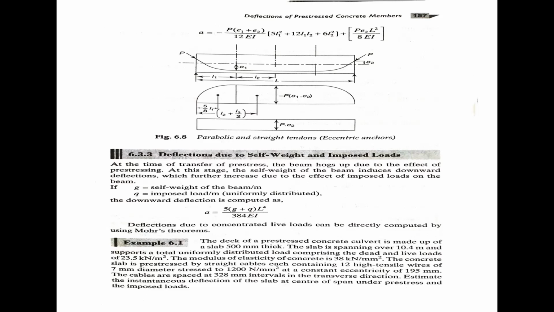The concrete slab is prestressed by straight cables, each containing 12 high tensile wires of 7 mm diameter, stressed to 1200 Newton per mm square, at a constant eccentricity of 195 mm. The cables are spaced at 328 mm intervals in the transverse direction.